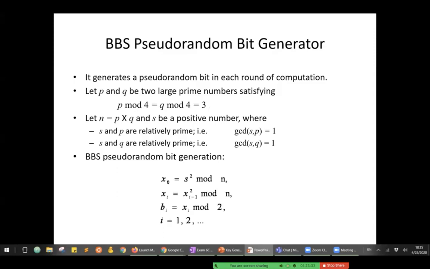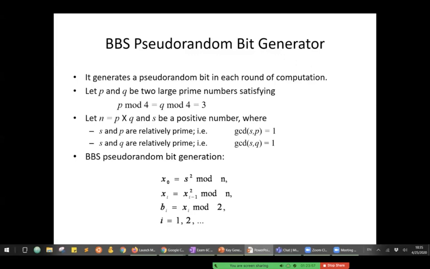For instance, P is equal to 11, so 11 mod 4 is 3. 11 is a prime number.